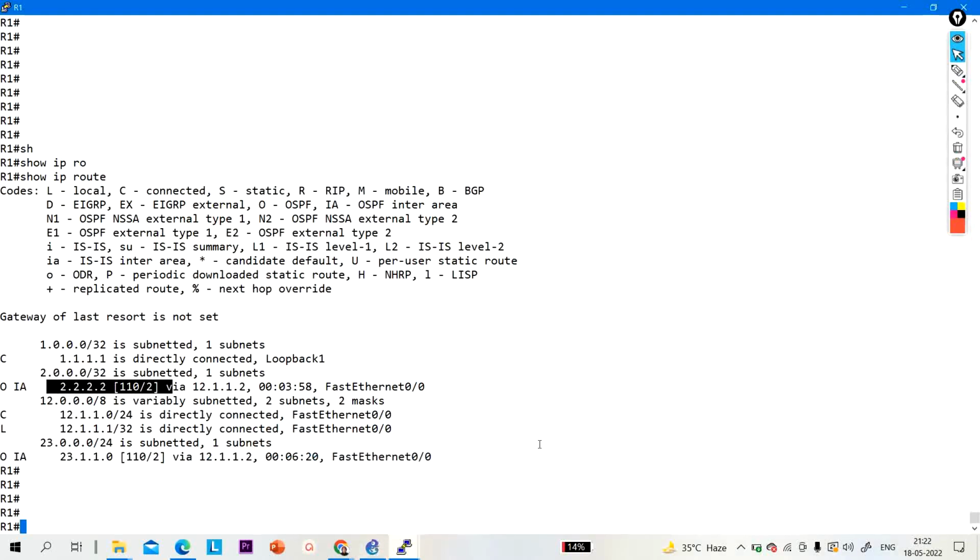This is how R1 will calculate the cost to reach a network which is present in an inter area, which means a network running in a different area. How to calculate the cost? First the router will calculate the cost to reach the ABR, then the router will check the cost to reach that network from the ABR, and the router will add that cost with the ABR cost, right?